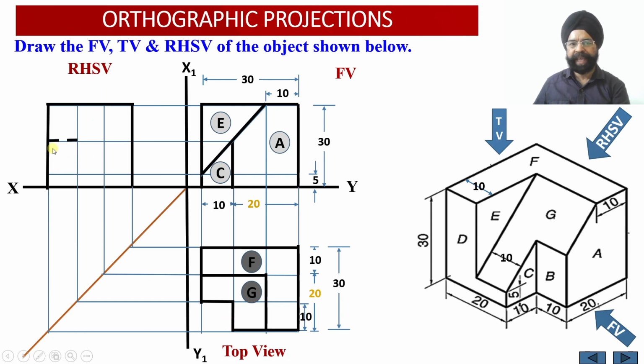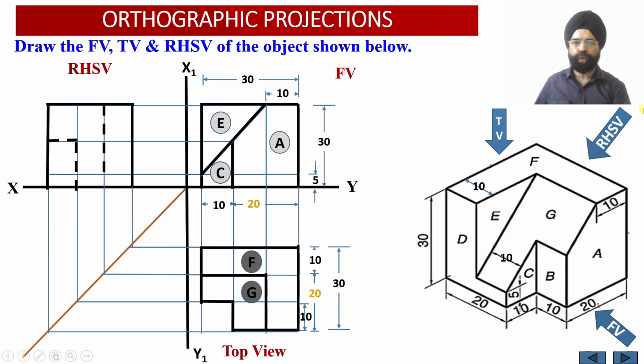Once we combine these two things, please check, the cut which was appearing over here has been drawn in the right hand side view. It is this surface B. Surface B has depth equal to 10 millimeter, height equal to this distance. This distance we have already evaluated in the front view, right? So now the surface B has been evaluated.